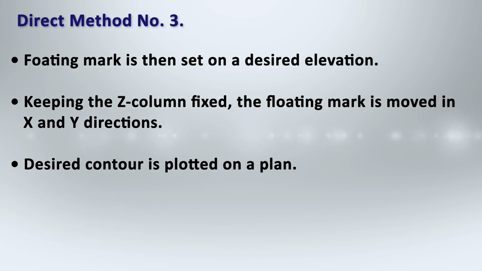The floating mark is then set on a desired elevation, keeping the Z column fixed. The floating mark is moved in the x and y directions, and the desired contour is plotted on a plan with a coordinatograph attached to the photogrammetric machine.